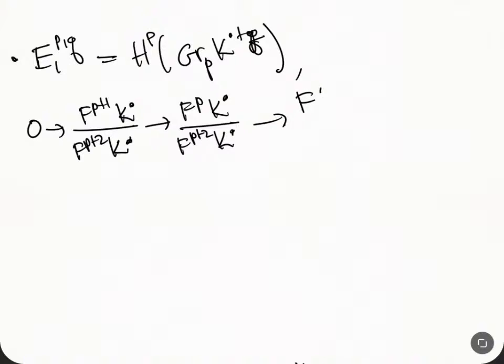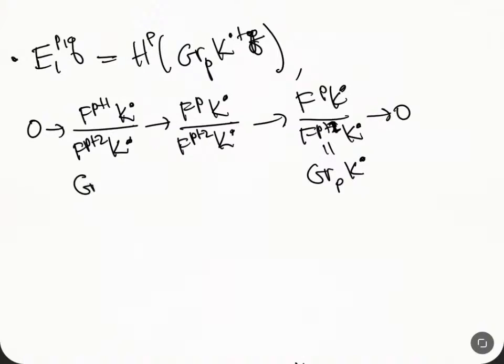And then we can put this complex, P plus 2, P plus 1. Okay, so this is the smaller thing. The higher the number, the smaller. And so this feeds into here, and then we quotient out. Here you'll notice that we have the graded piece, the pth filtration of K bullet, and then this thing is the P plus first of K bullet.